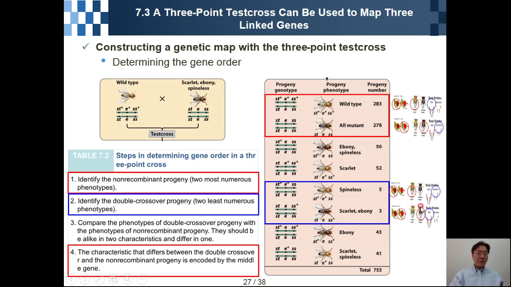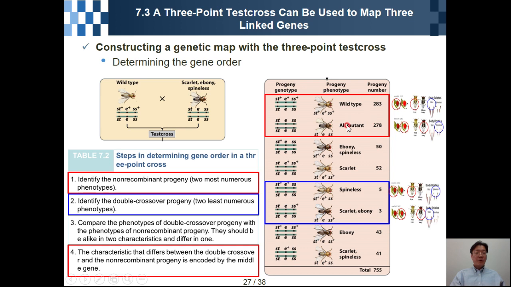Two show the same phenotype and one shows a different phenotype. So it means that the characteristic that differs between the double crossover and the non-recombinant progeny is encoded by the middle gene. So what is the difference? The difference is spineless, isn't it? When we compare this one, the spineless is different.